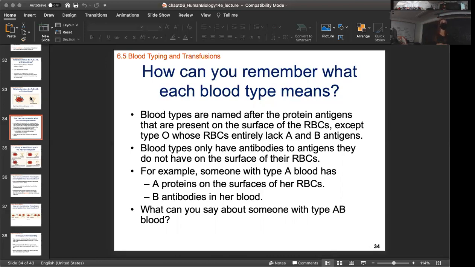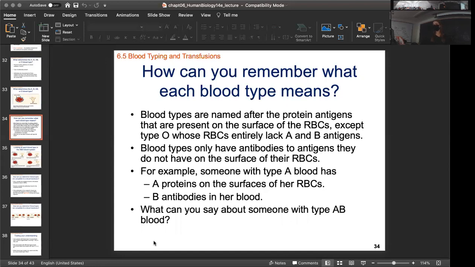Remember, they have to be opposite. So if you have AB antigens on the surface, you can't have A or B antibodies in your bloodstream, or else it would fight itself. So remember, it has to be opposite or it has to be nothing. Same thing with O. O doesn't have any antigens on the outside of it, but it does have antibodies in the plasma.